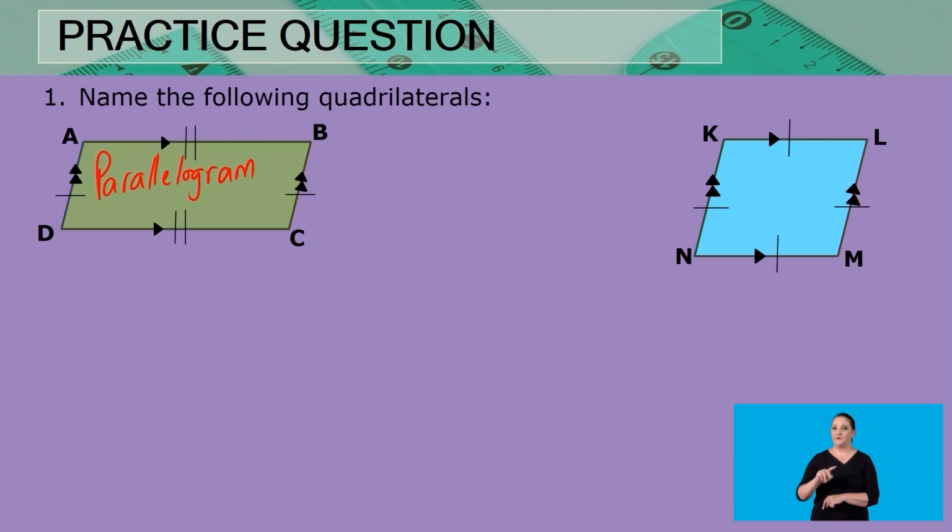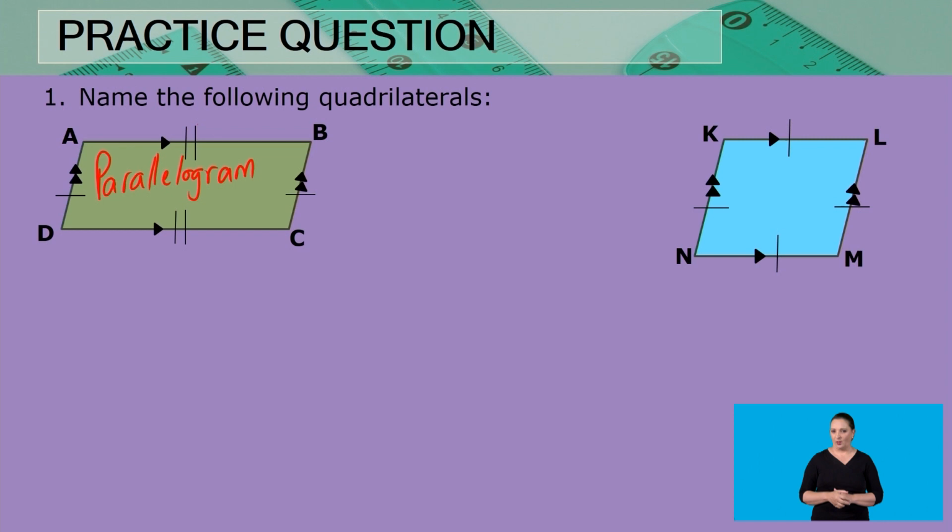So now we have two pairs of opposite sides that are parallel. What else are we shown in this quadrilateral? Well, we are shown that all of the sides are equal. So we do have KL, which is equal to LM, which is equal to NM, and that is equal to KN. So all of the four sides are equal.